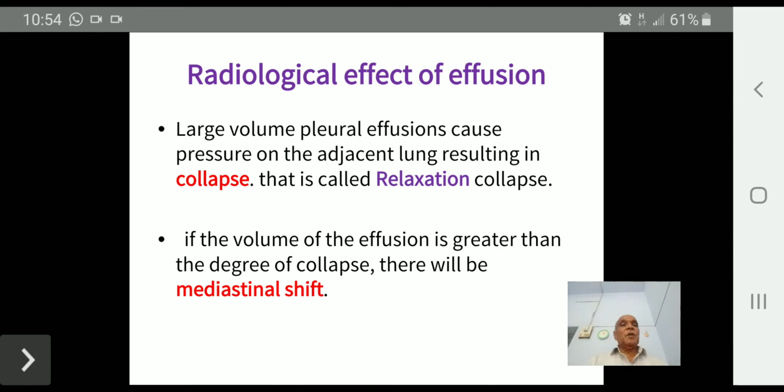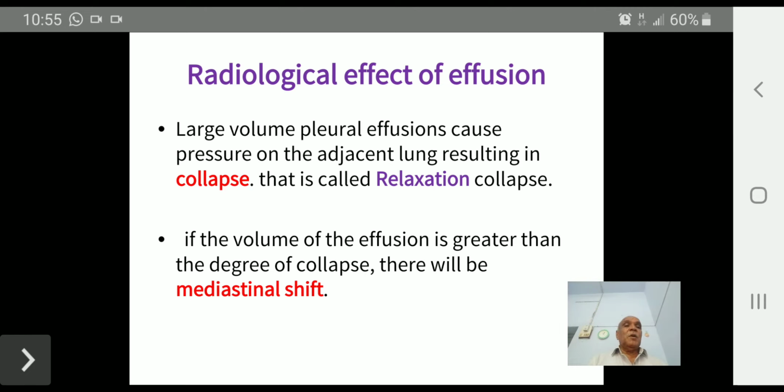Now the radiological effect of the effusion. A large volume of pleural effusion causes pressure on the underlying lung, resulting in collapse. This collapse is called relaxation collapse. It means the pressure on the visceral pleura relaxes the lung tissue, so it is called relaxation collapse.